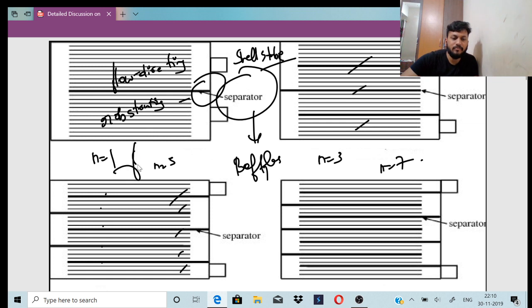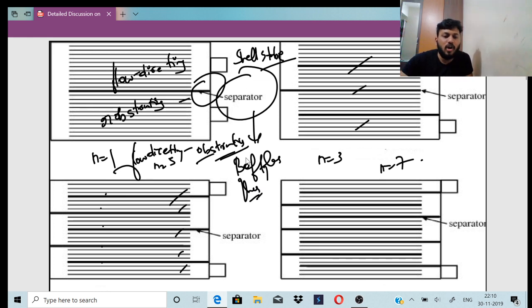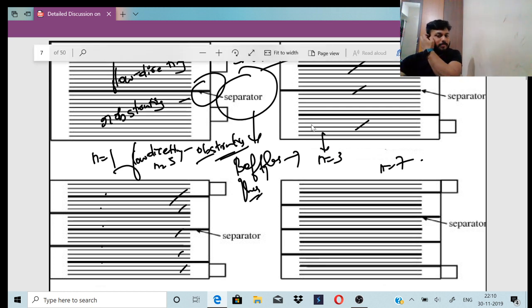Okay, I'll write it here. Flow directing or obstructing veins or pipes are called baffles. And what do baffles do? They help in the direction of the fluid flow and maximize the efficiency of the heat exchangers. So what are basically baffles? Baffles are nothing but separators.